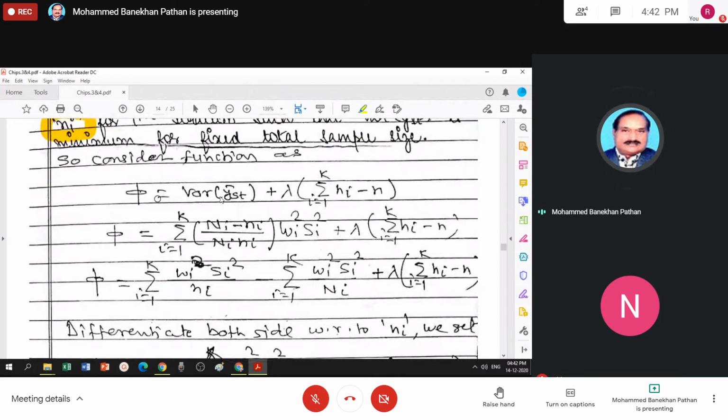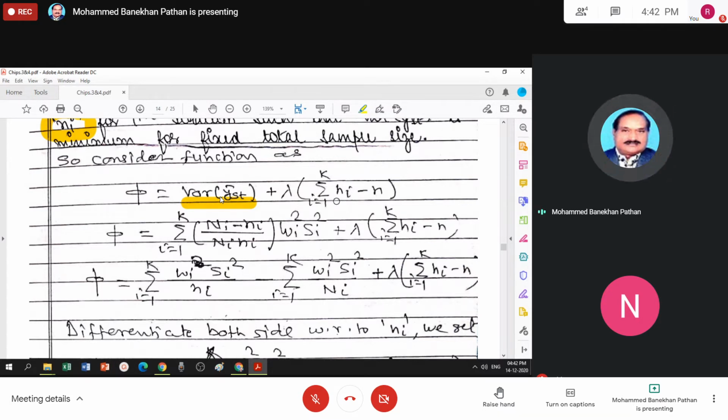So I write this statement of Neyman allocation in mathematical form like this. Phi equals variance of y bar st. I want to minimize this function plus lambda times the condition on the minimization. What is the condition? Small n equals sum of ni.